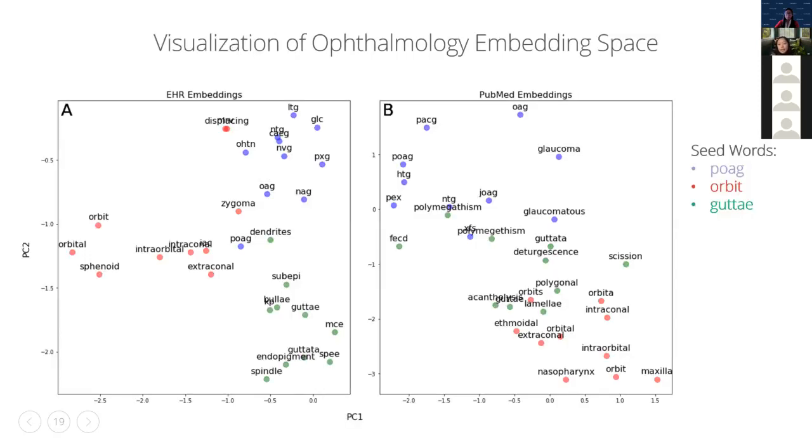Okay, and then we can visualize our own vector spaces for ophthalmology related words. So here you see some 2D projections of those vector spaces for 3 different clusters of words. I picked POAG, which is a glaucoma term, orbit for oculoplastics, and guttae for cornea, meaning 3 different kinds of ophthalmic subspecialties.